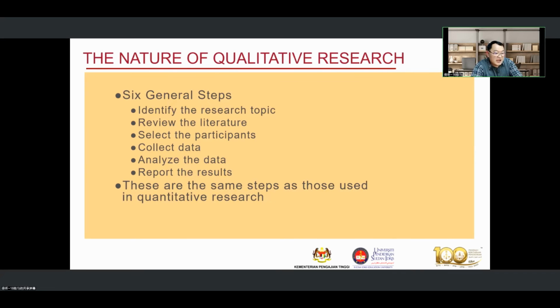These are the same steps as those used in quantitative research. On this point, I read an article. I read a paper have published.